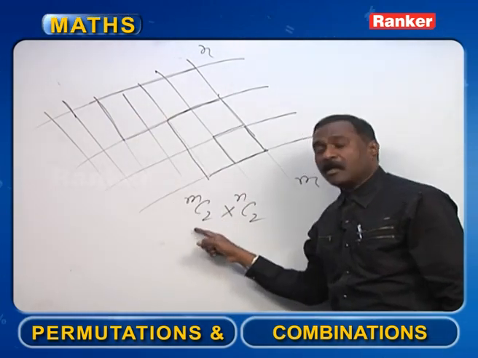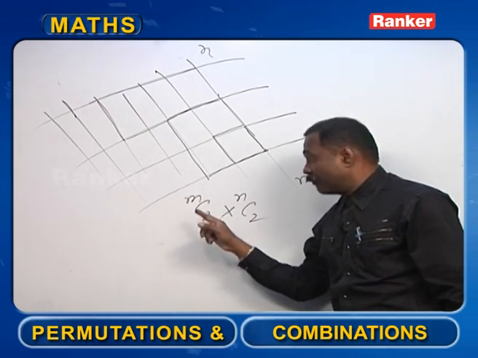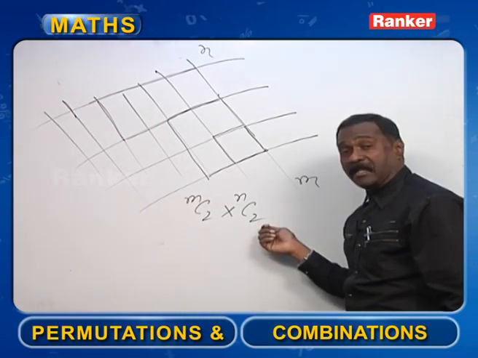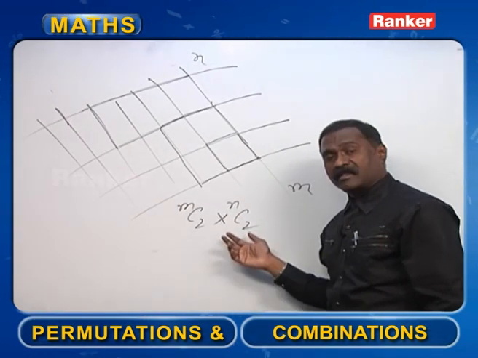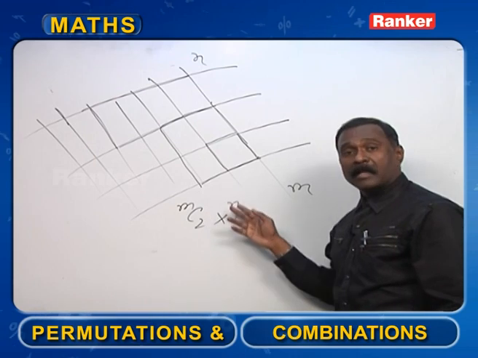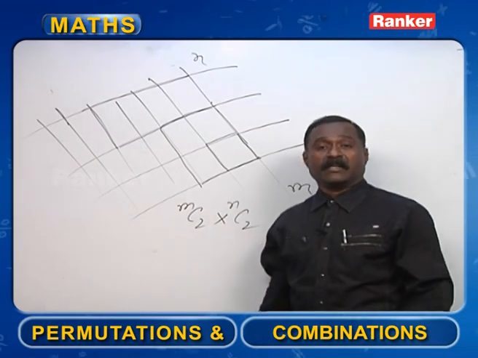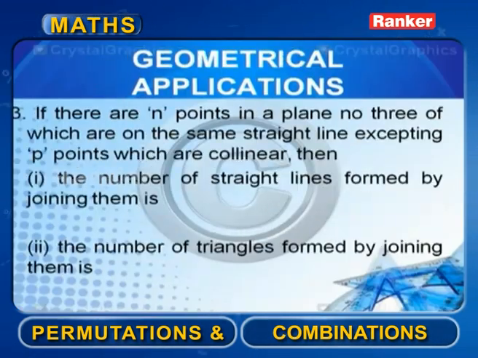What is this 2 here? We are choosing two lines from the first set. We are choosing two lines from the second set. And first operation, second operation simultaneously can be performed in MC2 into NC2 different ways. Understand this carefully. Next slide, please.